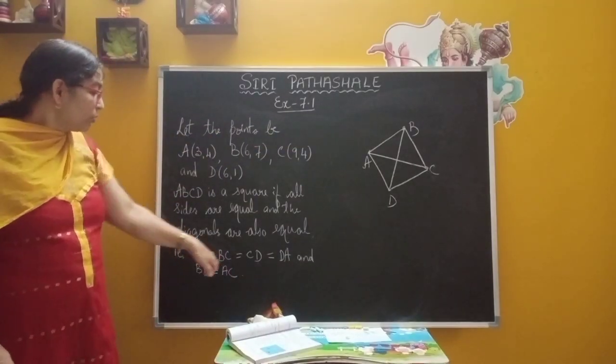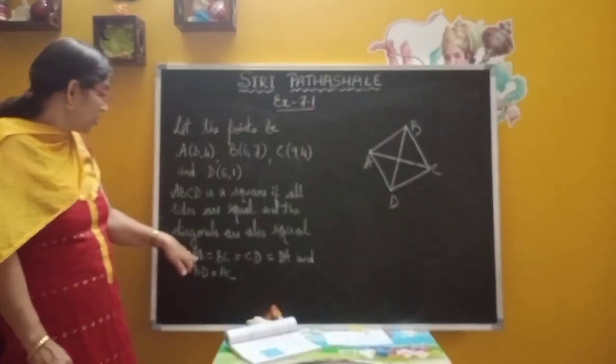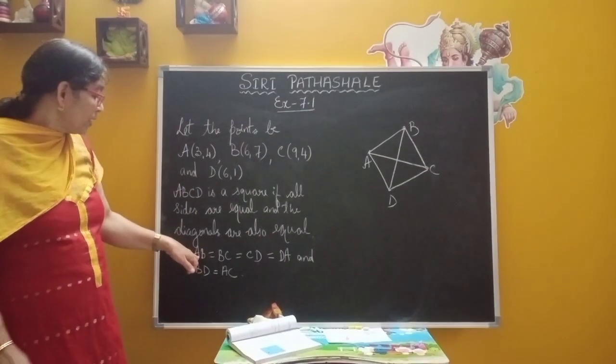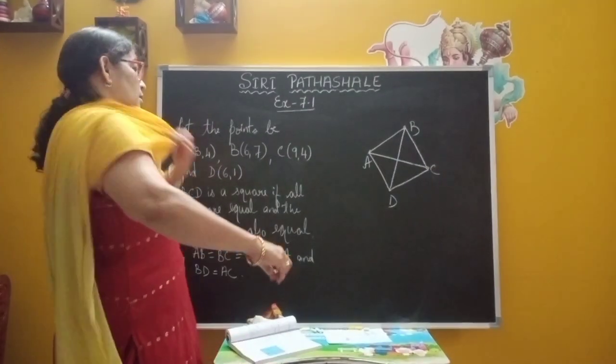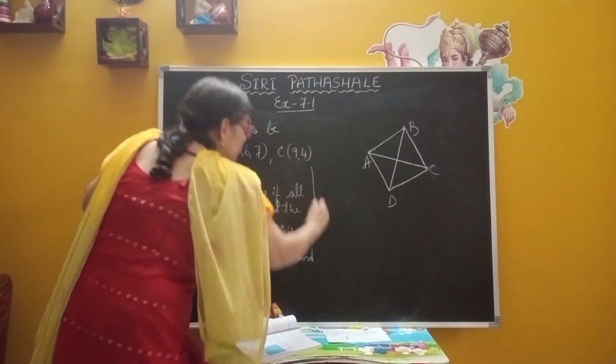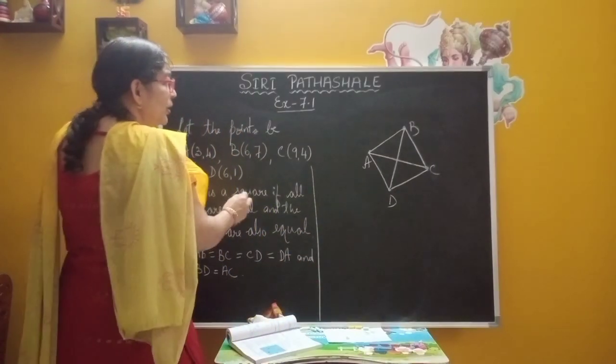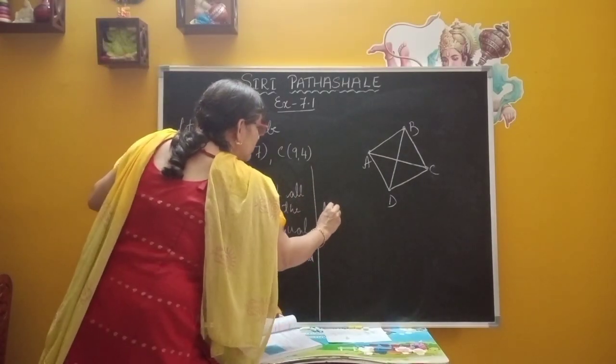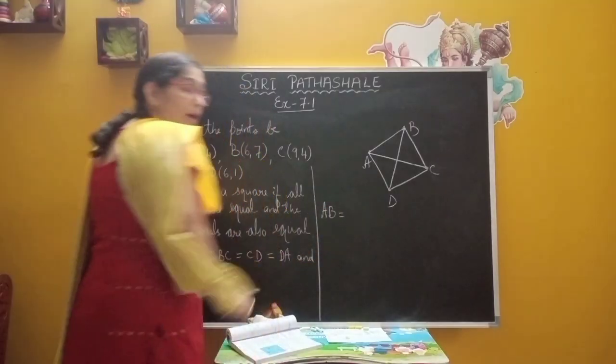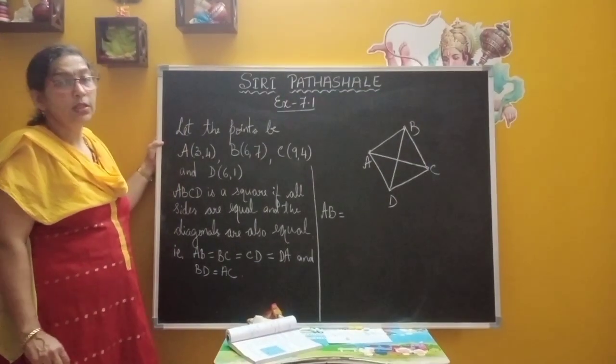Okay, now we have to find the distances one by one. AB, let us find first. What is the distance formula? Square root of (x2 minus x1) whole square plus (y2 minus y1) whole square.